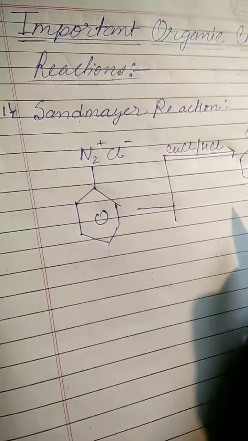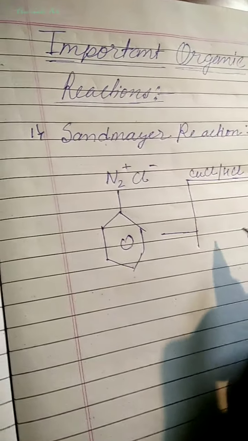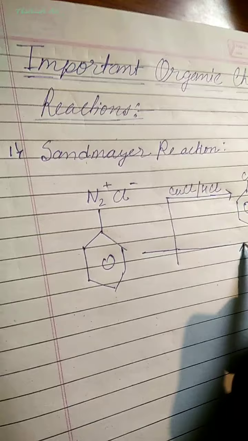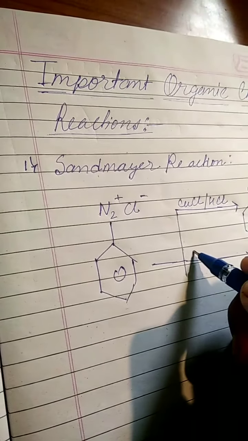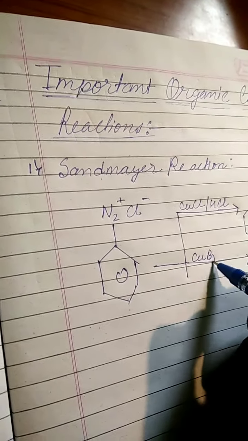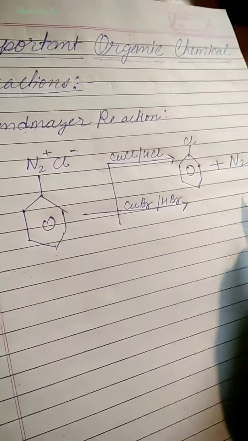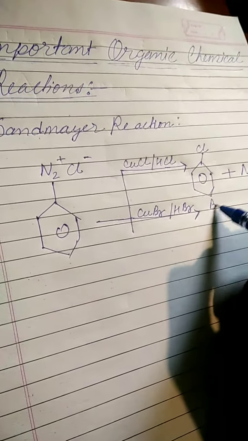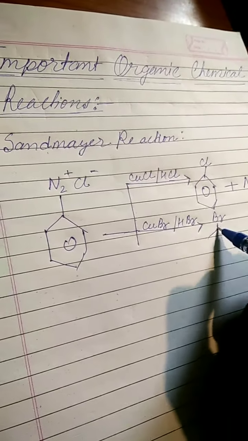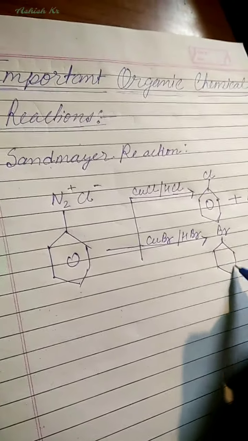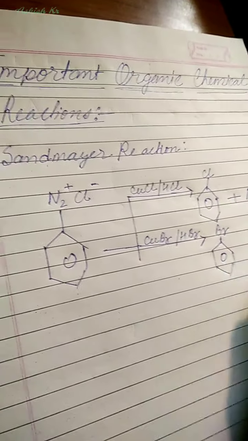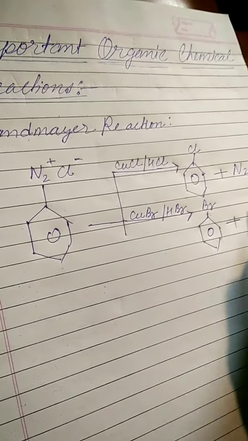This is the first part of the Sandmeyer reaction. The second part is it reacts with CuBr in the presence of HBr, and it is used to make aryl bromide, and it also releases N2 gas.